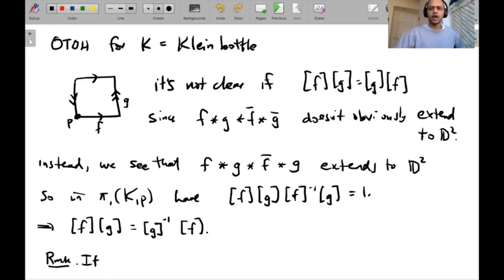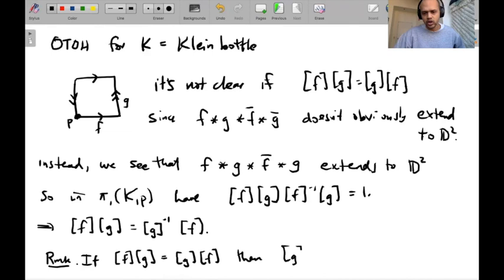So if this other relation does hold, if F and G commute, then we have these two equations. Both have F times G on the left-hand side. So we can say that G times F is G inverse times F, with G inverse on the outside.